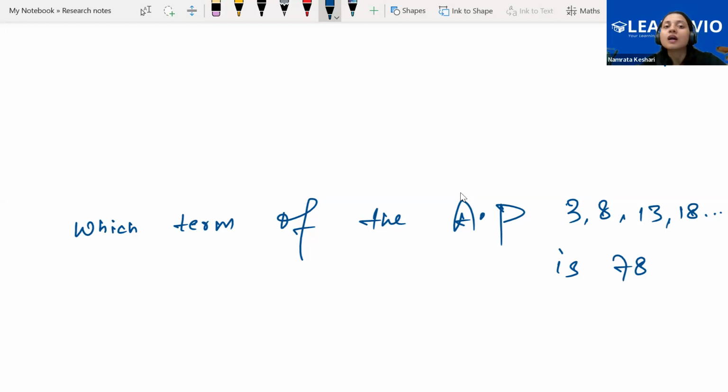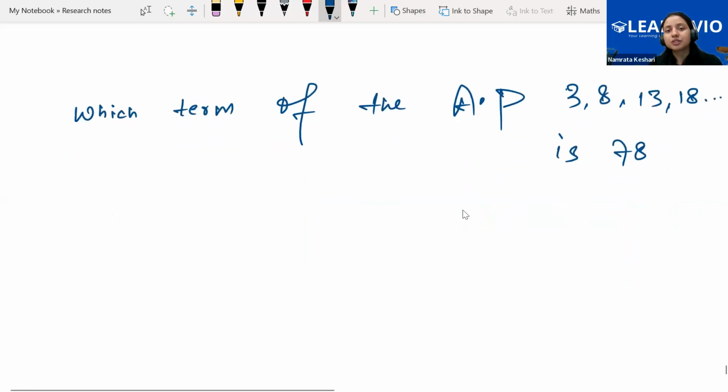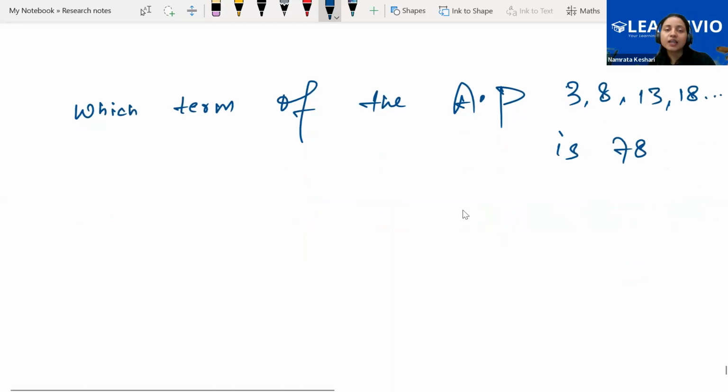Okay, an. Galvin, do we have to find an or n? Ma'am, n. Okay, Harshit, what do we have to find here, an or n? Ma'am, an. Okay, so it's like voting. A few students are saying it's an and a few students say it's n.